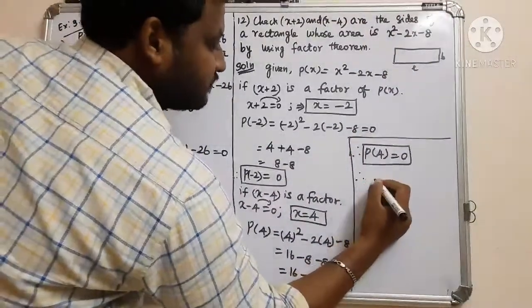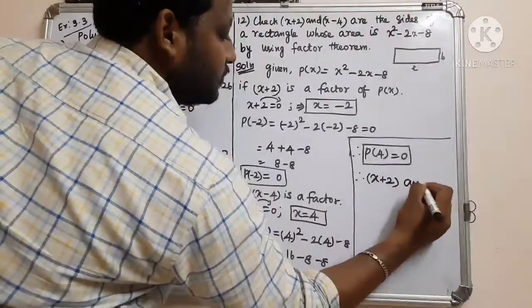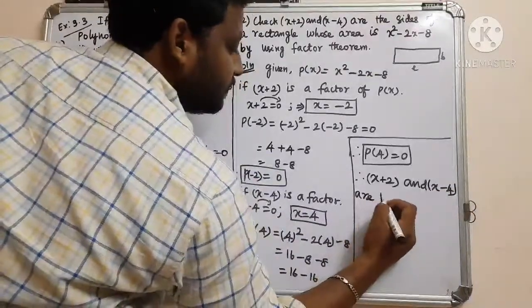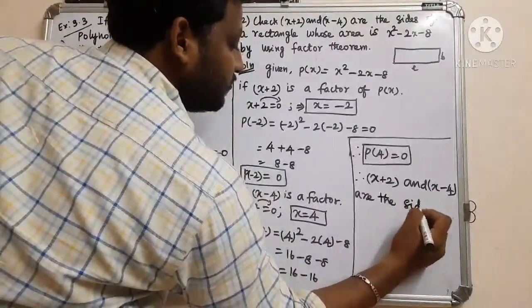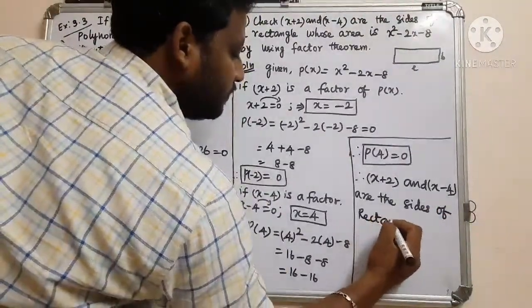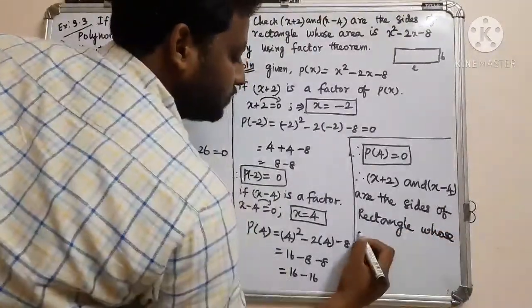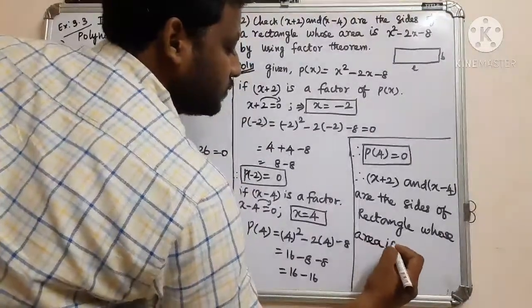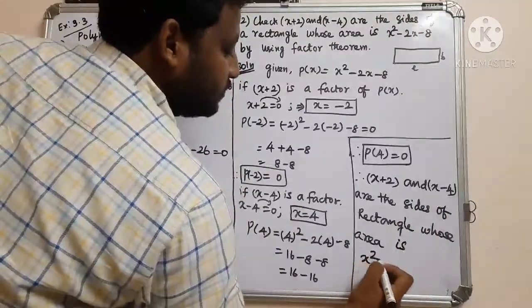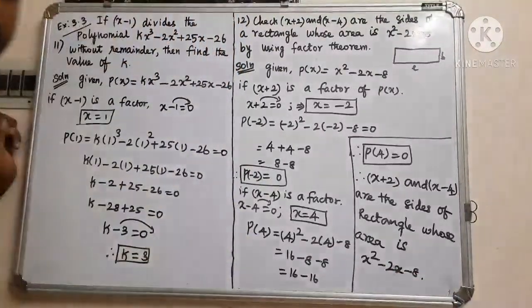So we can write, therefore x plus 2 and x minus 4 are the sides of the rectangle whose area is x square minus 2x minus 8. Clear?